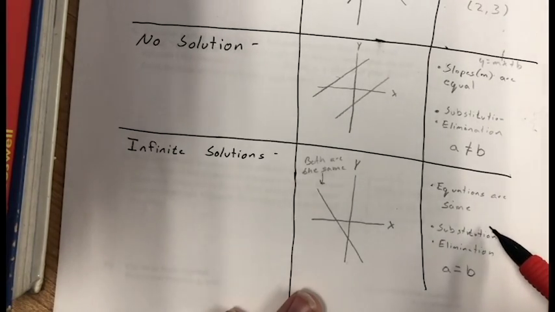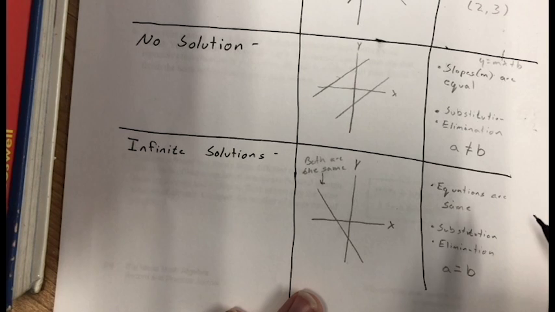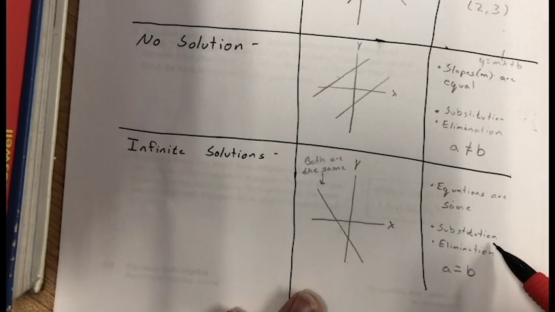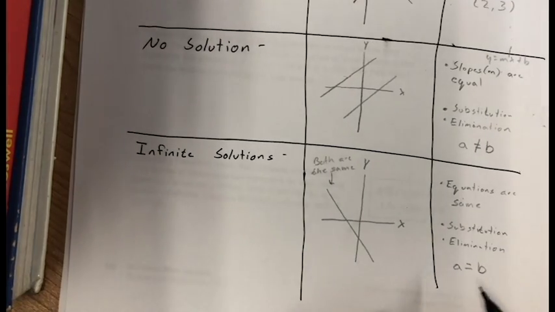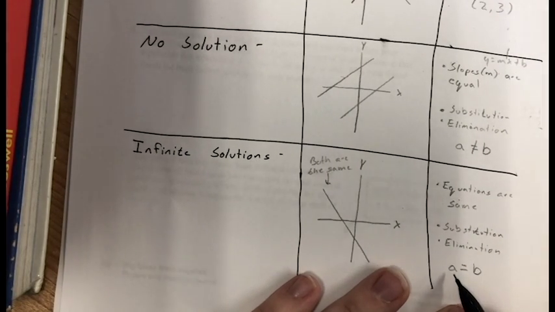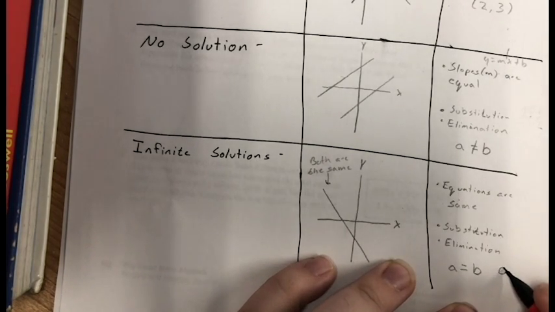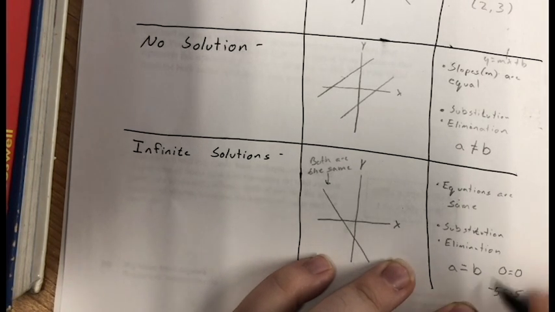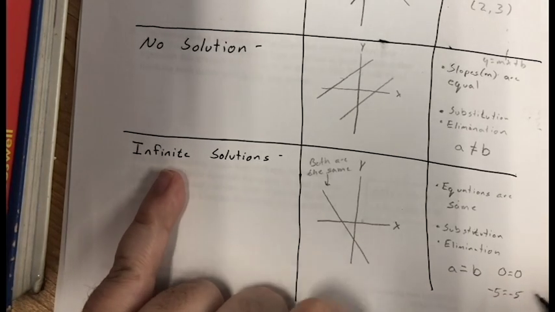If you didn't notice that because of some weird thing, and you did things through substitution and elimination and worked it out, you're going to see something like this, where one side of the equation is literally the same thing as the other side, such as 0 equals 0, or maybe -5 is equal to -5. So if they're literally the same thing, it's infinite solutions.